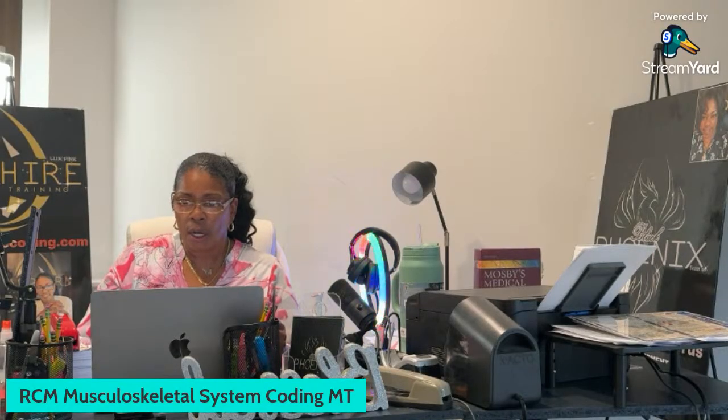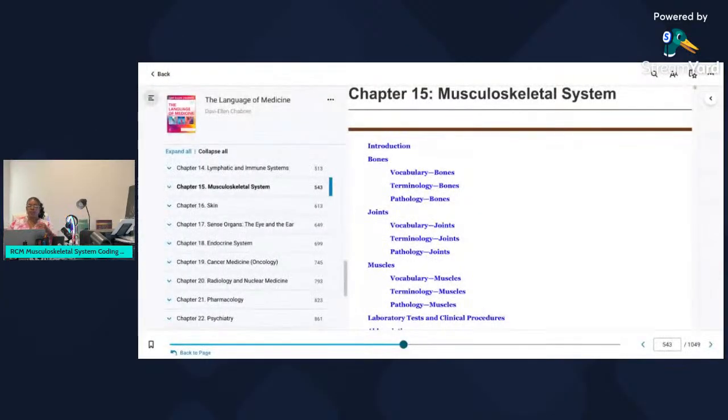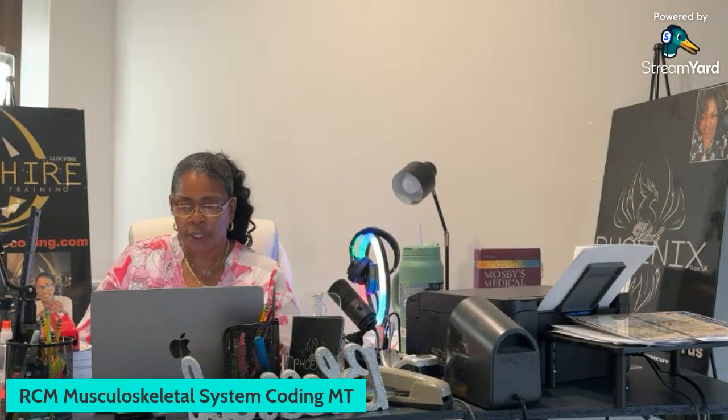Okay, so let me put this up again. That's what we're doing today. I know we went over the skeletal system and the muscles. I didn't go over too much of the muscles, but it was a combined effort in this book, and I love it. I am on page 543, and we're talking about the musculoskeletal system.